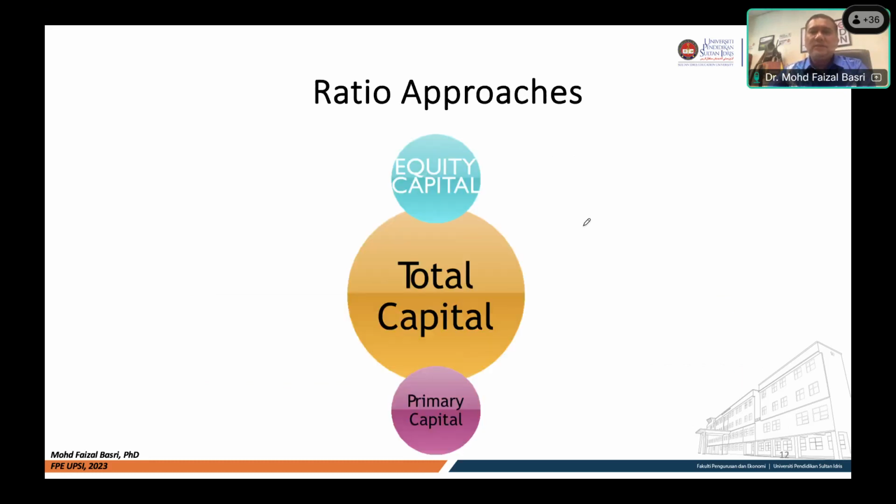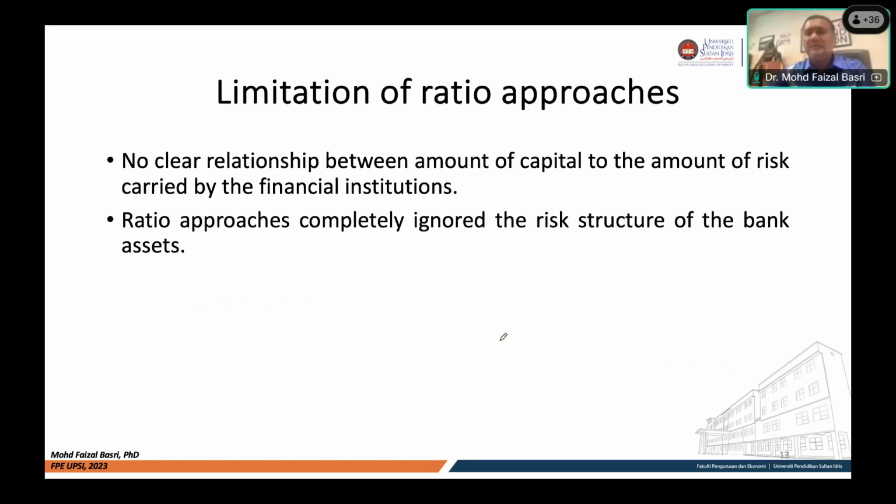Based on ratio approaches, the capital can be split into equity and primary capital. Obviously there will be some limitations related to ratio approaches. Among others, there's no clear relationship between the amount of capital and the amount of risk, and ratio approaches completely ignore the risk structure of the bank assets.